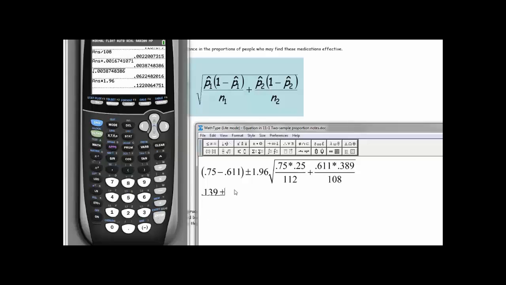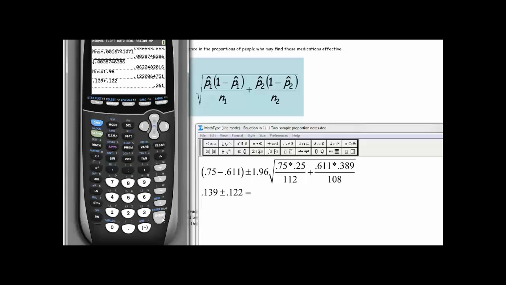Okay, so that gives me 0.122. Okay, so now I get the parameters of the confidence interval. So 0.139 plus 0.122 gives me 0.261 on the high end, and then 0.139 minus 0.122 gives me 0.017 on the low end.